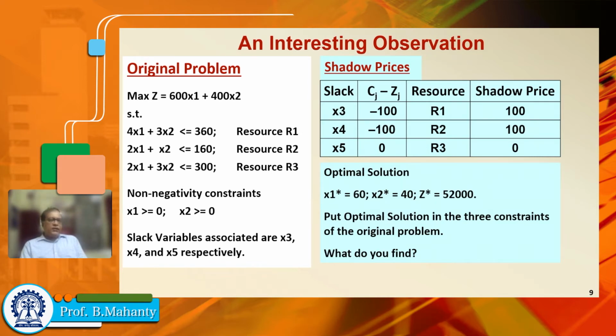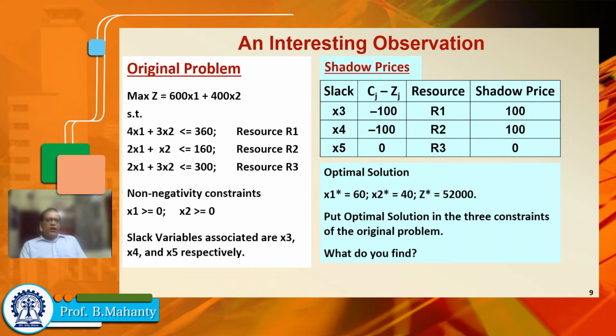So exactly that 60 gap in x5. So x5 equal to 60 at the final table. So I think you can interpret, but basically, one thing we found out is that if we put the optimum solution in the original problem, with regard to resource R1, that is the first constraint, that has turned to equality.